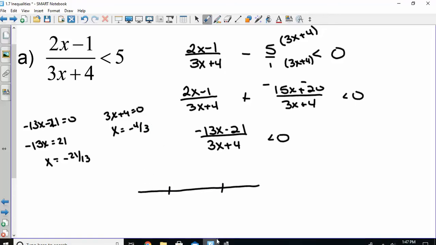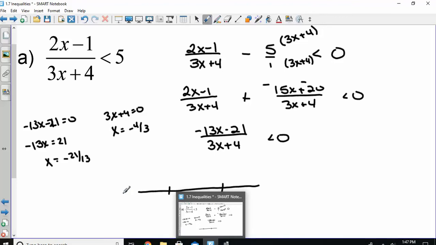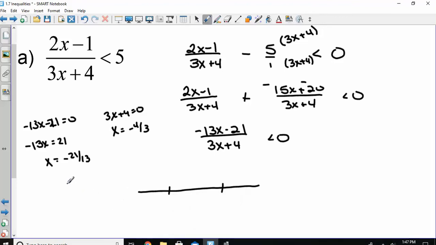Which one is smaller? If you don't know, what do you do to determine which one's smaller? Yeah, convert them to a decimal if you need to. I don't want your answer to be written as a decimal because I want exact, but if you need to help you, you can. Negative 21 over 13, that's like negative 1.6, so it's smaller, it goes on the left. Negative 4/3, that's negative 1.3.